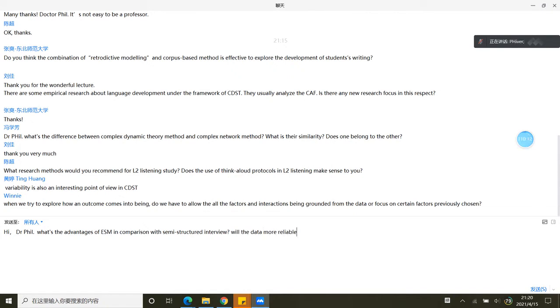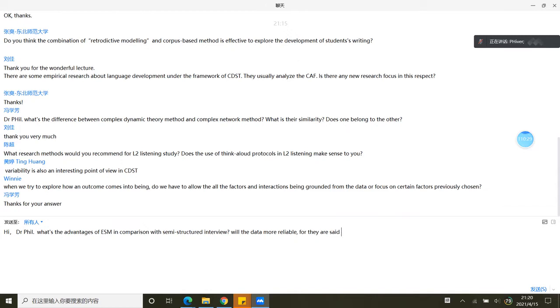The question here is, what research methods would you recommend for L2 listening? Think aloud protocols? Once again, I know I'm going to sound like a broken record, but form follows function. So think aloud protocols are appropriate if they match the question you're asking.